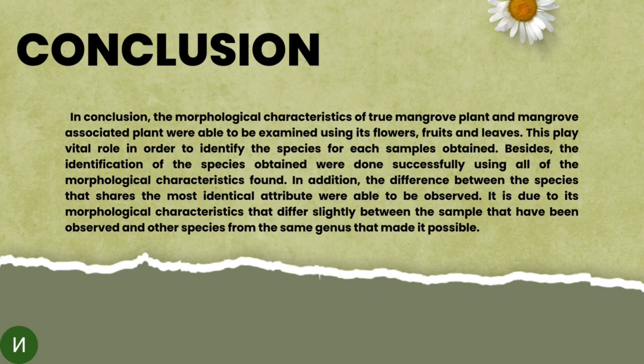In addition, the differences between the species that share the most identical attributes were able to be observed. It is due to the morphological characteristics that differ slightly between the sample that has been observed and other species from the same genus that made it possible.